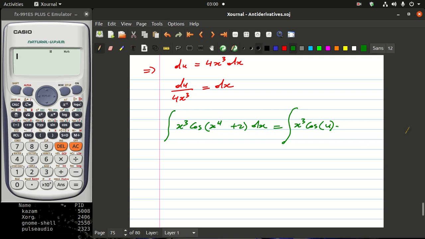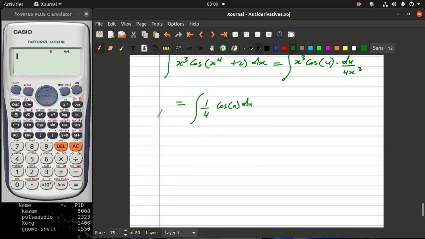And then what is my dx? My dx is du divided by 4x cubed. Then this x cubed and that x cubed cancel out, and now you are left with 1 over 4 times cosine of u du.